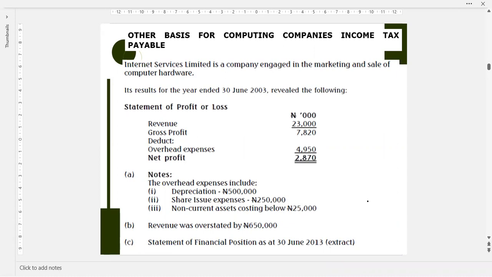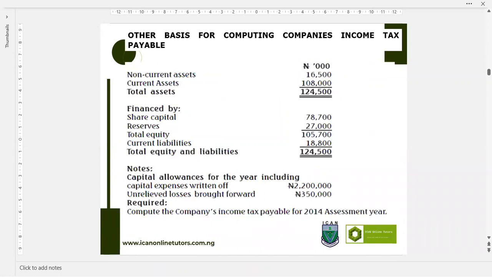Then do we have other income? We were told that revenue was overstated, so we have to adjust for it. Out of this 23 million naira, we have to take out 650,000 naira, isn't it? Let's look for other information that may assist us in our computation. There's no information about other income.